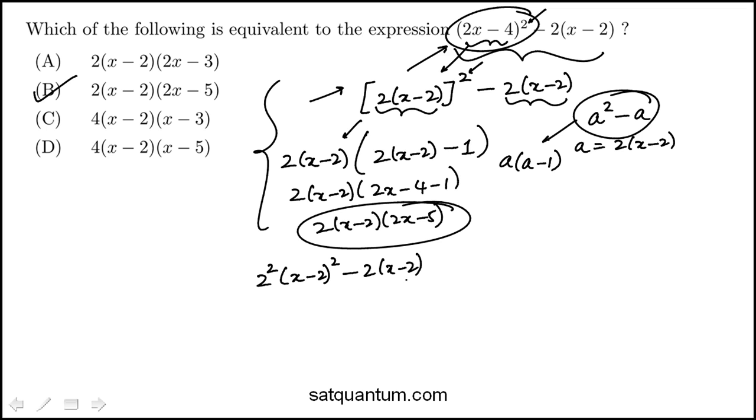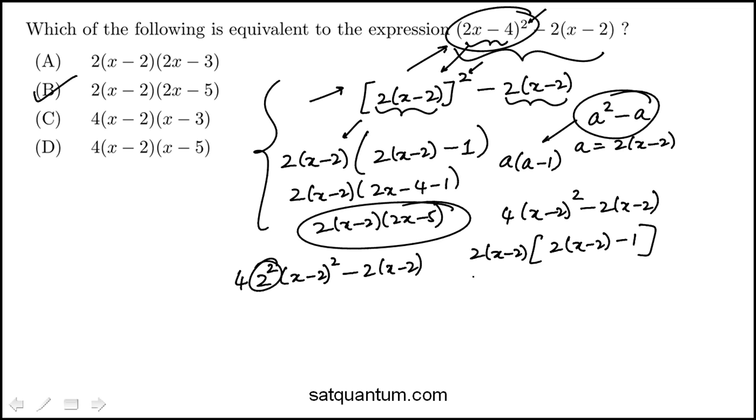And so I can see some students factoring it like this, or maybe even writing this as 4, and then pulling out the largest common term, which is 2 times x minus 2, and then you'll get the same piece. So it's a matter of preference, or how comfortable you are directly pulling out a common term. So those are the most efficient ways.